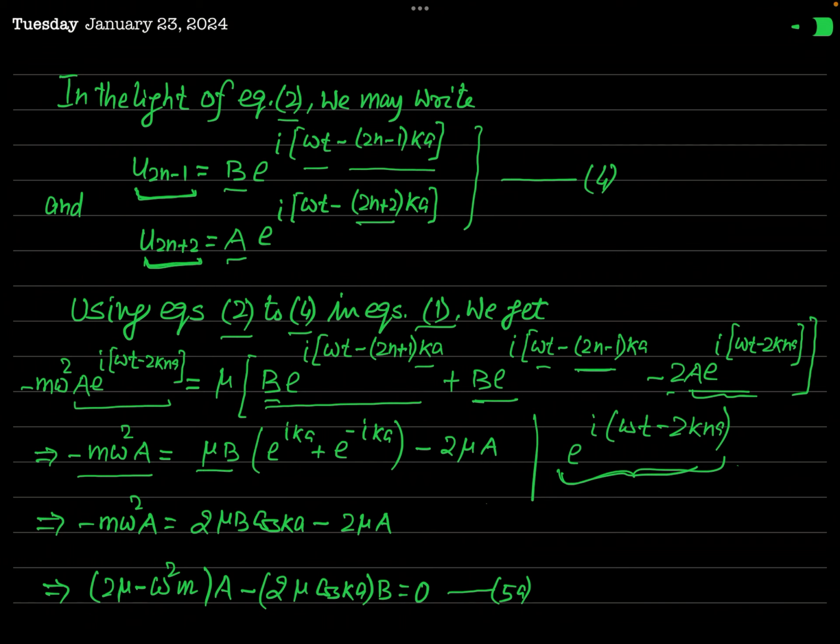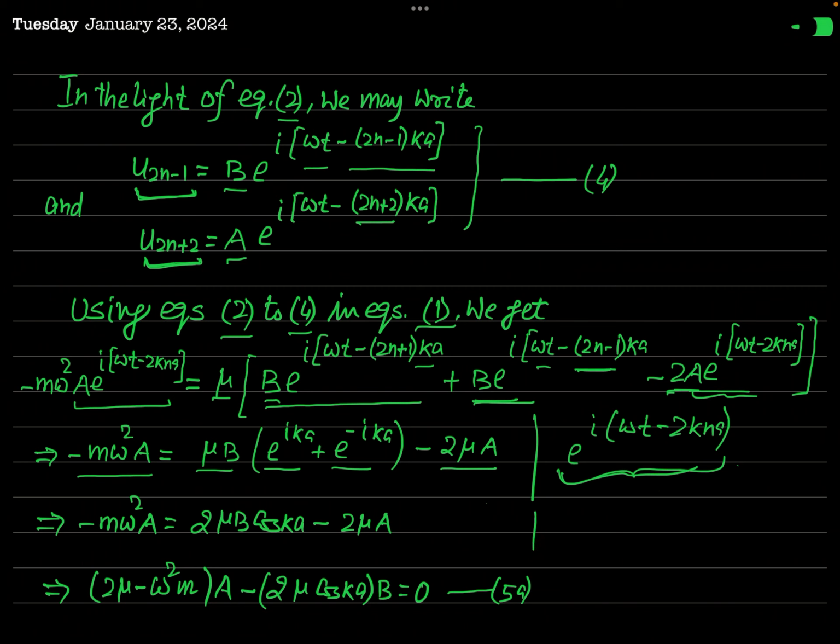So I have written here mu b times, and in place of the second term e to the power ika remains, and in place of the first term e to the power minus ika remains. And in place of the last term only 2a remains here, and when you multiply by this mu, this will be minus 2 mu a.